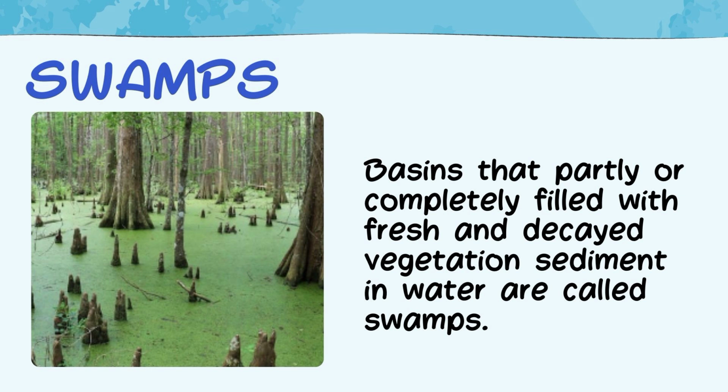So this peat is crucial for the production of coal. So swamps are like giant compost piles for plants. As plants die and decay in the waterlogged environment, they form a layer of partially decomposed materials called peat.